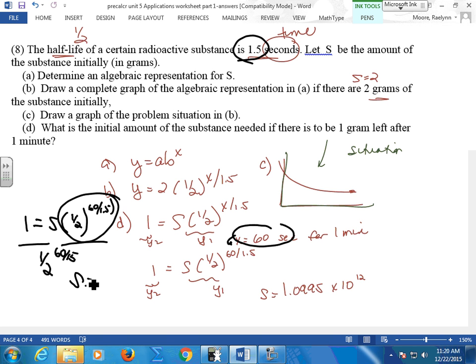You've got to have started with a big substance, right? And you're doing that for a minute, so it's going to have started somehow a little bit larger. And leave it in scientific notation. You could graph that if you like and do it that way, absolutely. Or you could actually just divide this out if you wanted to.